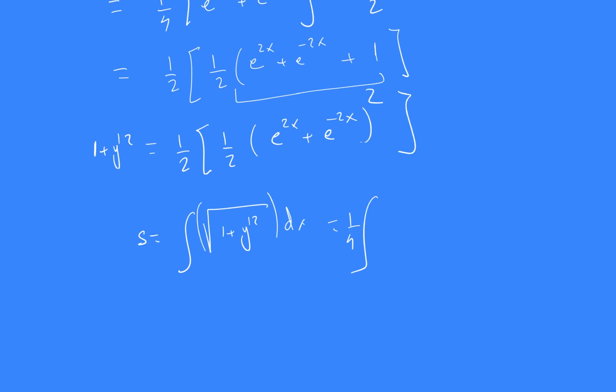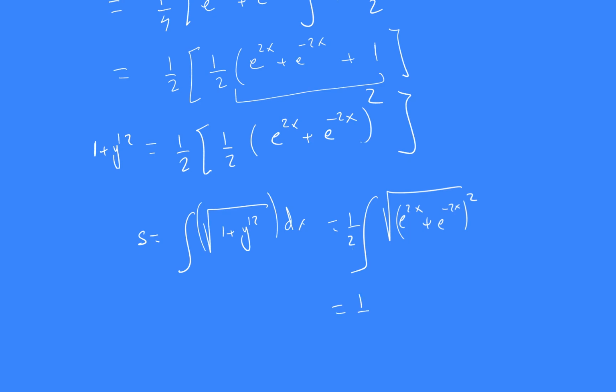So this will produce 1/2 of the square root of e to the 2x plus e to the minus 2x squared.